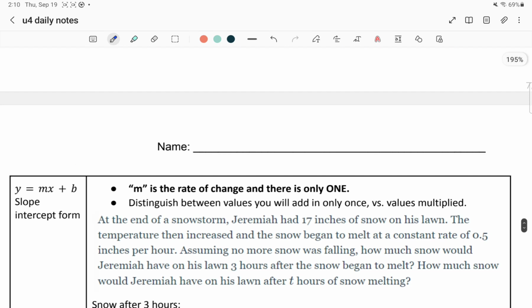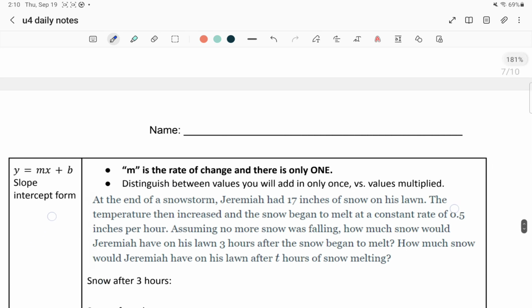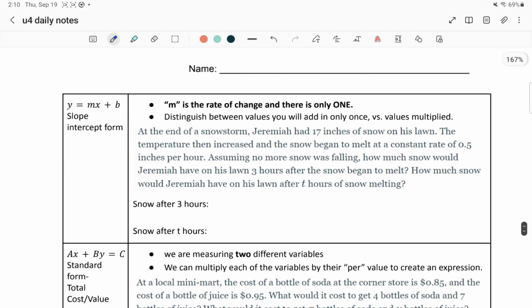And it depends on what it's asking, or what information they've given us, let's put it that way. First of all, in y equals mx plus b, there's only one rate. So that means there's only one per thing. There's only one thing that's changing.